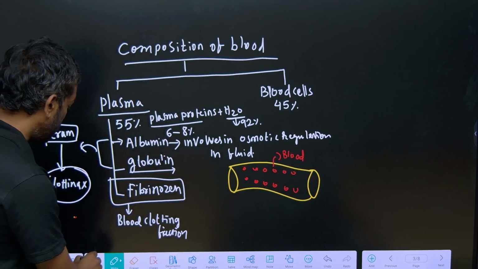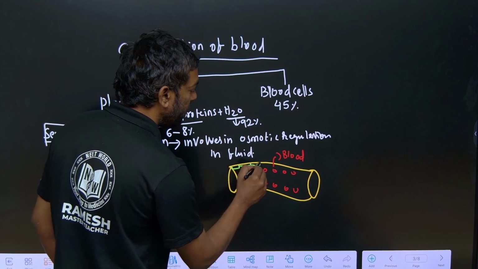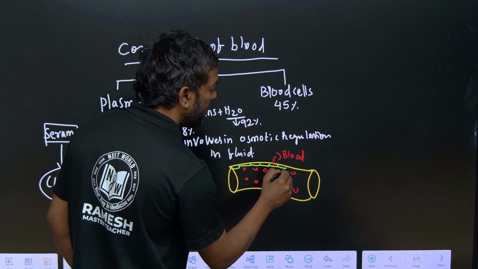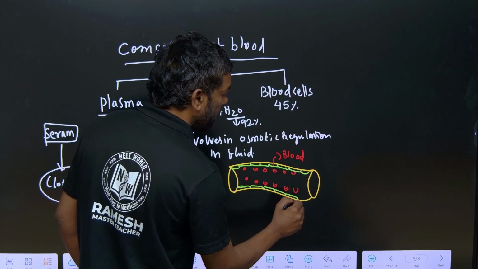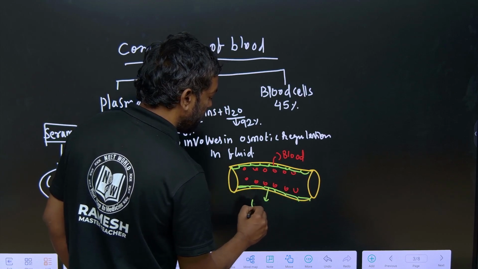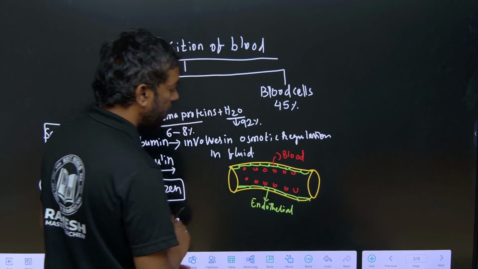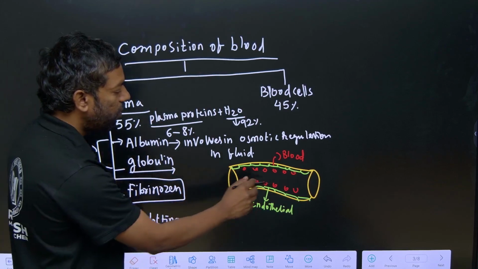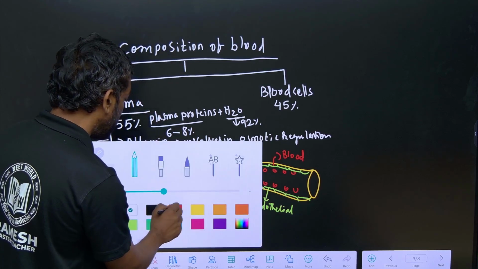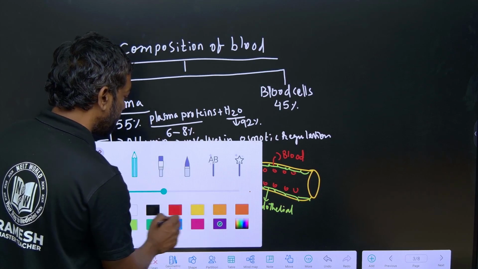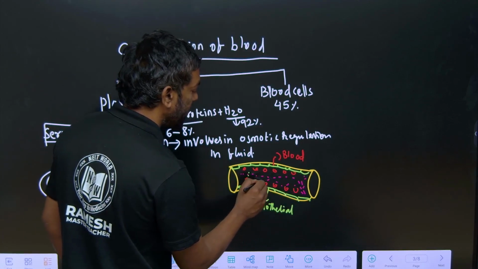Blood vessel walls are made up of epithelial tissue, endothelial cells, modified epithelial tissue we call endothelium. Blood flows in the blood vessel. There is water fluid in the blood.